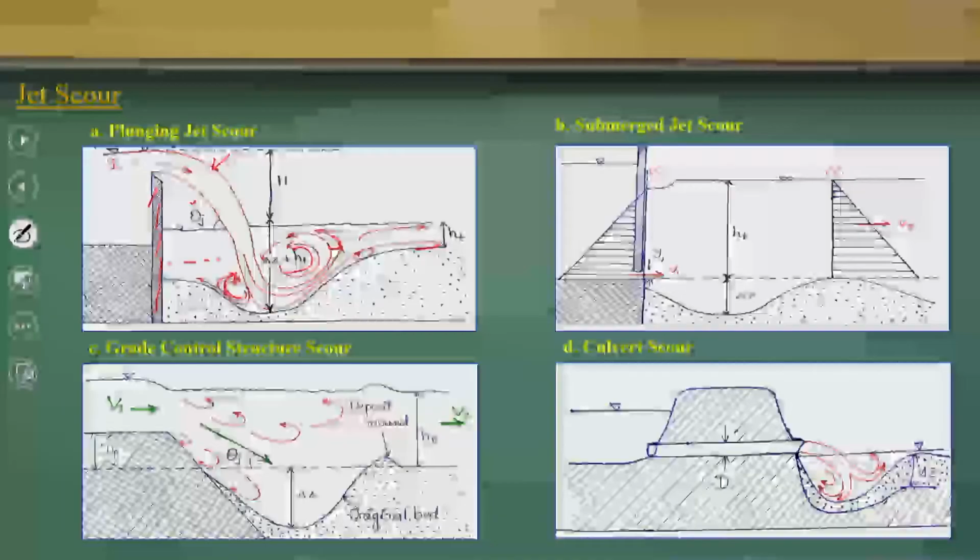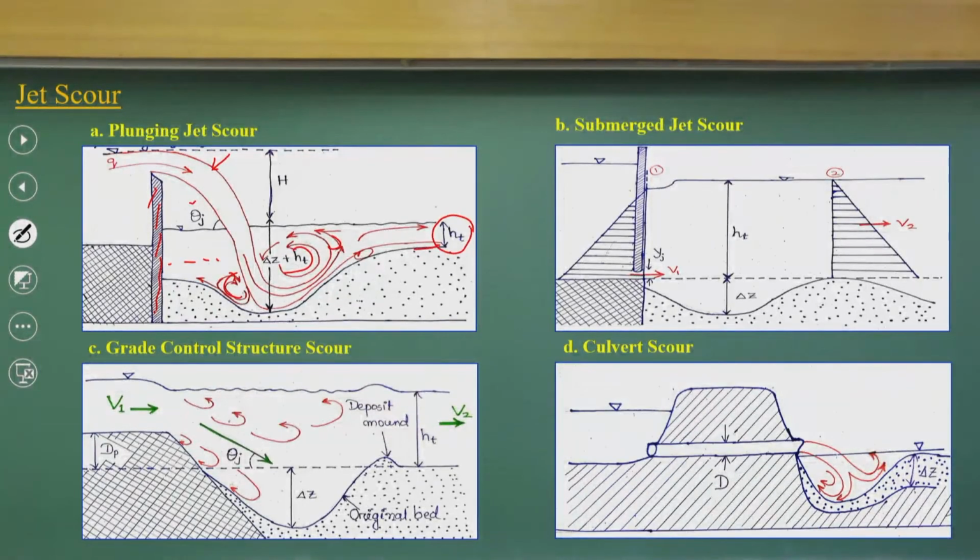It also depends upon the tail water depth, how much water depth there is at the tail water level. It also depends upon the bed materials, what type of bed materials are there.